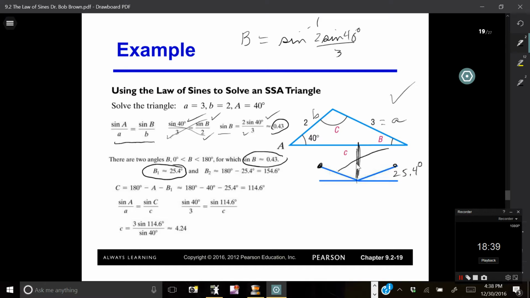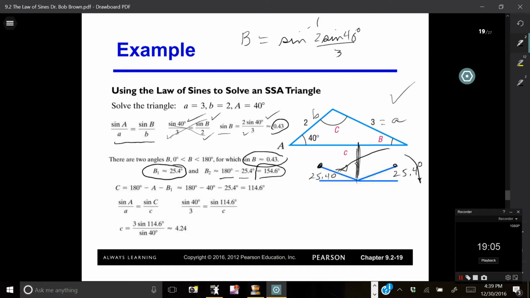And that angle would be this angle. And notice that this angle here would be 25.4 also. So a possible B2 is equal to 180 degrees minus 25.4, equal to 154.6 degrees.